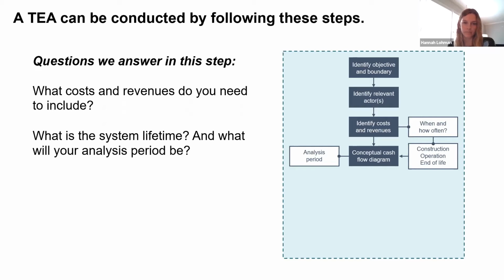And so the pit latrine might have a lifetime of 8 years, and also the urine diverting dry toilet might have a lifetime of 8 years. So maybe we just want to look at it over an 8-year period. But if we plan on replacing it, then maybe we could consider a 16-year period and try to account for that replacement in the halfway point of the analysis period.